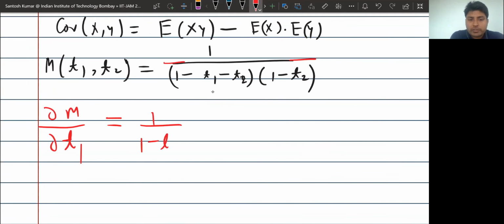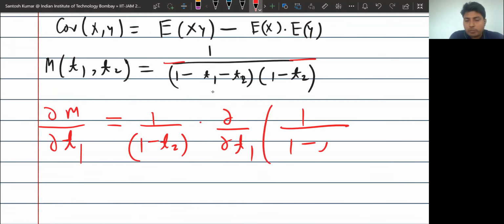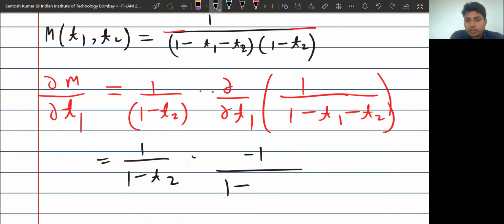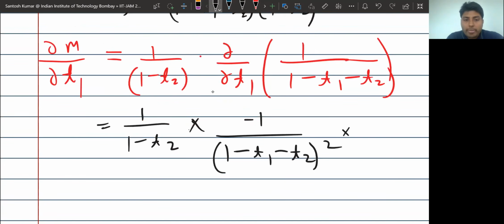1 upon 1 minus T2 will be as it is, and we have to differentiate 1 upon 1 minus T1 minus T2 with respect to T1 only, because T2 is like a constant with respect to T1. The derivative of 1 upon x is minus 1 upon x square, so we get 1 minus T1 minus T2 whole square in the denominator. Now we differentiate the denominator with respect to T1, which gives us minus 1 only.